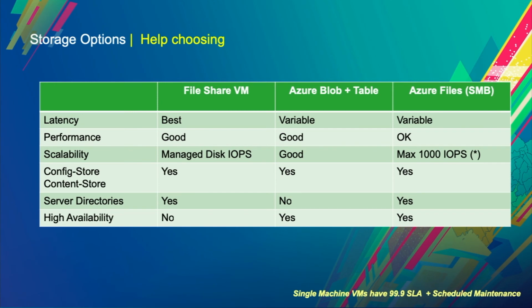So really, you want to be choosing between the file share VM and having your config and content store on, say, Azure Blobs. I did want to call out that single machine VMs have a 99.9 SLA from Microsoft, and if you combine that with things like scheduled maintenance, you can actually control the downtime, and so you can get higher availability than that. So that's a good option as well. I wouldn't hold back on that deployment option.